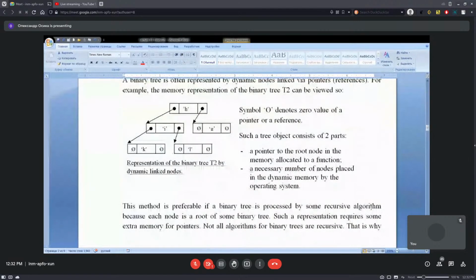So here is a pointer to the root with data about the left son of h. And here in the data part we have I, and a pointer to the left son of the node with I. It is the node with k. And there are no left and right sons.